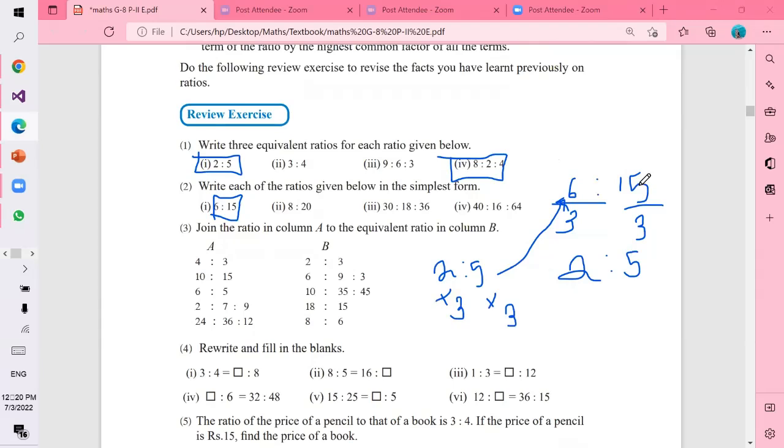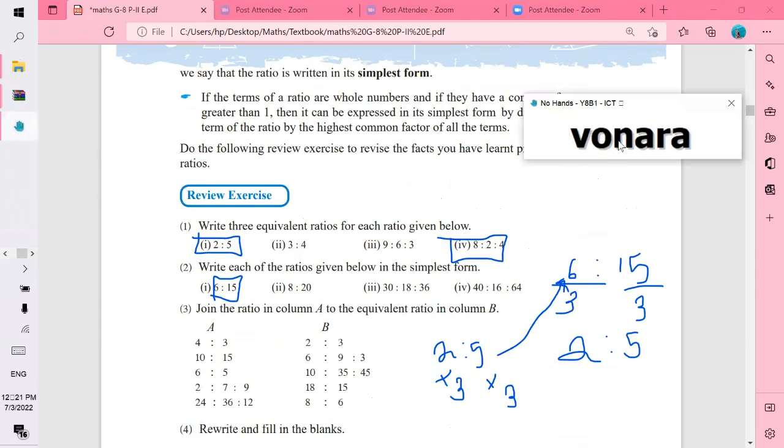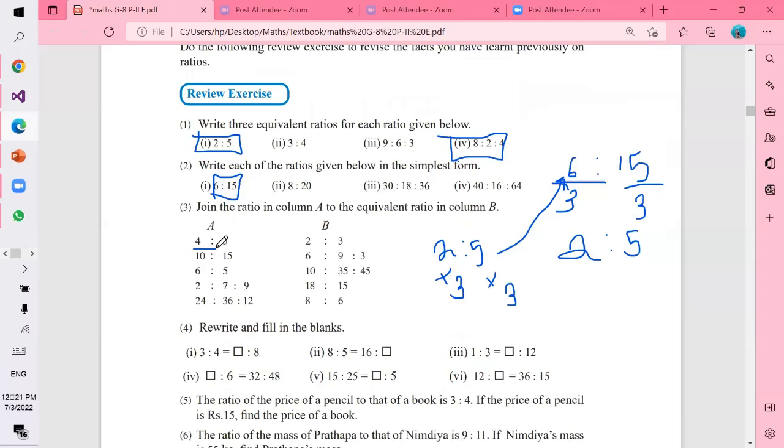Okay, then Wanara, can you say me the answer? It's a matching question, okay? 4 to 3.